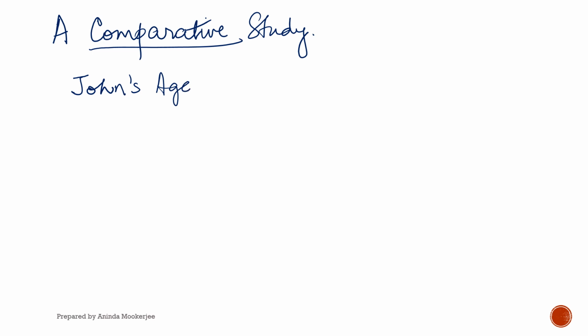I tell you that John's age is 24 and Ed's age is 19, and I ask you, who is older and by how many years?